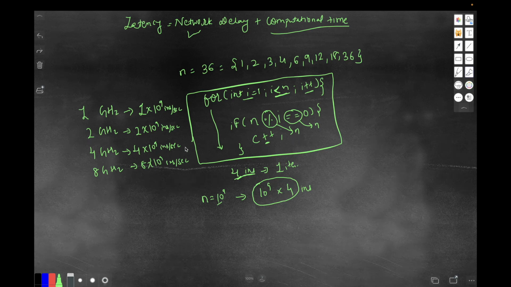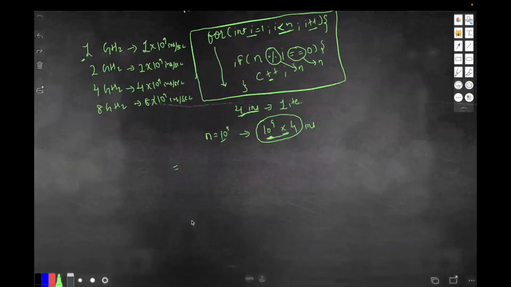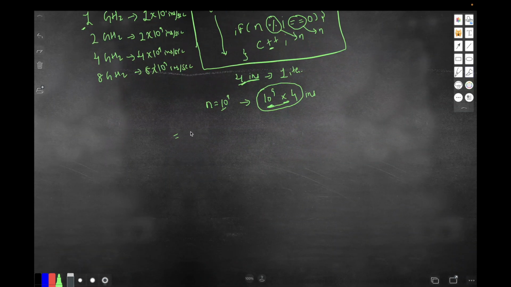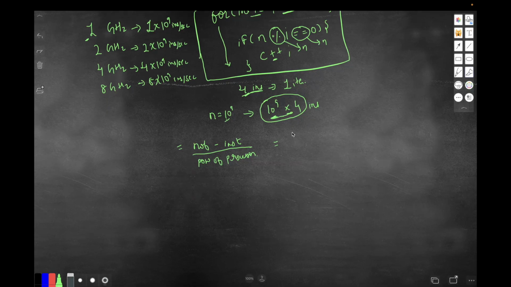Now let's calculate how much time my 1 gigahertz processor will take to execute this many instructions. We have one simple formula: time is the number of instructions divided by the power of the processor. Let's put this in our formula. How many instructions do we have? 10 to the power 9 into 4.